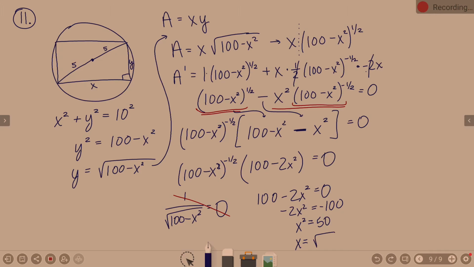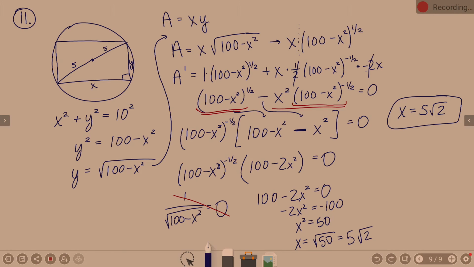So x is the square root of 50. Simplified though, 50 is 25 times 2, so it is 5 square root of 2. And that 5 I wrote really weird. I apologize. So right there, I'll put it over here, x equals 5 square root of 2. And that is the x value where our area will be maximized.